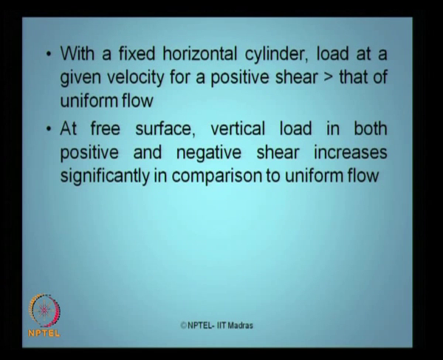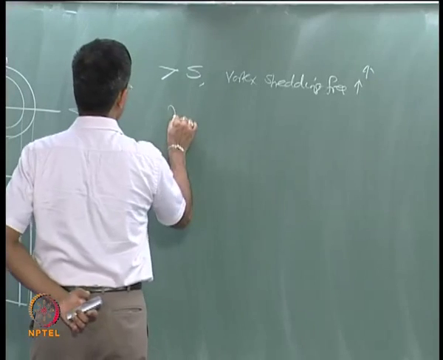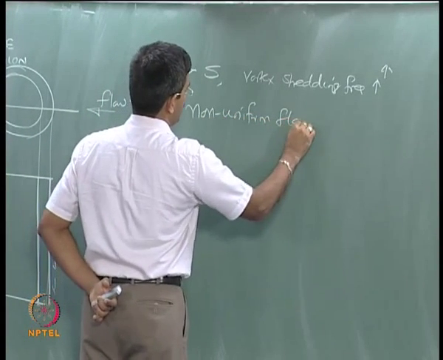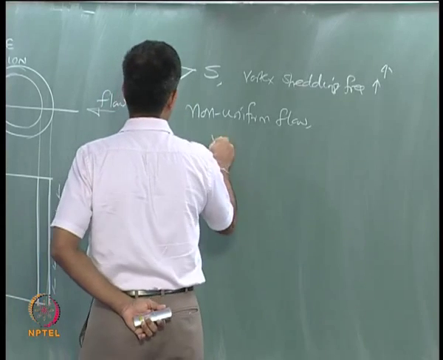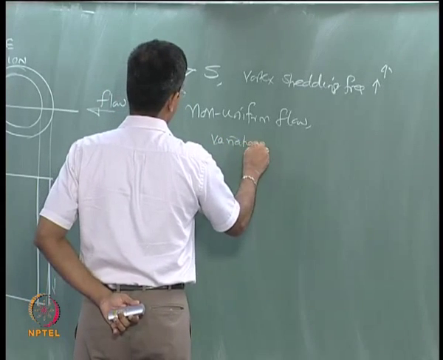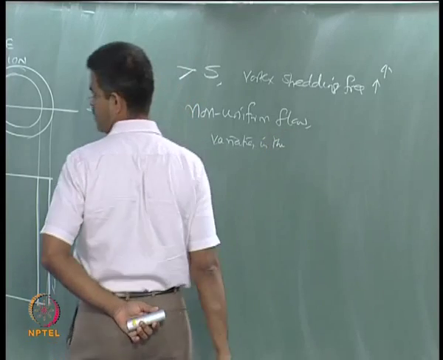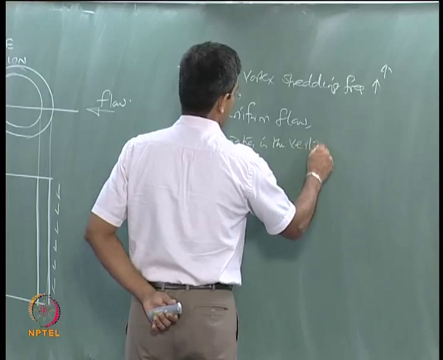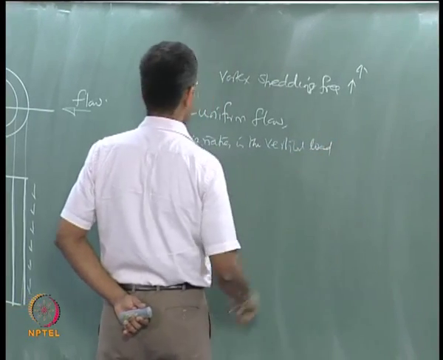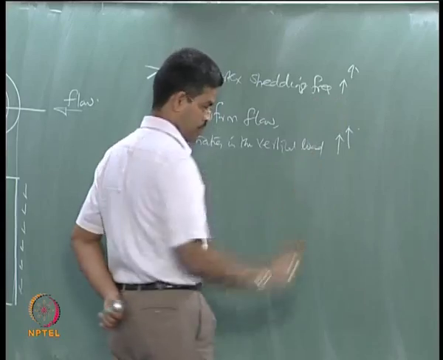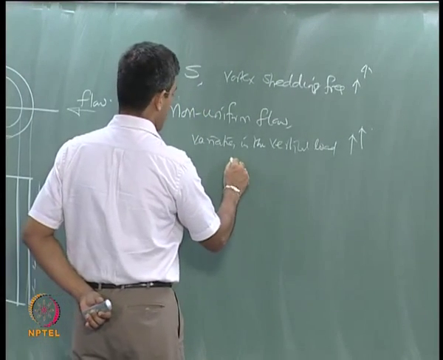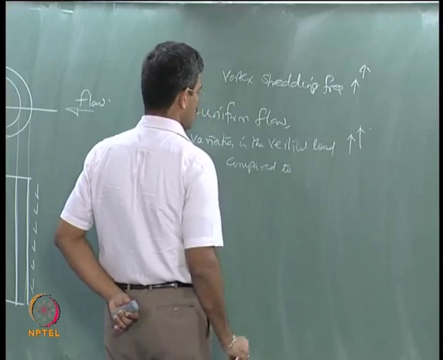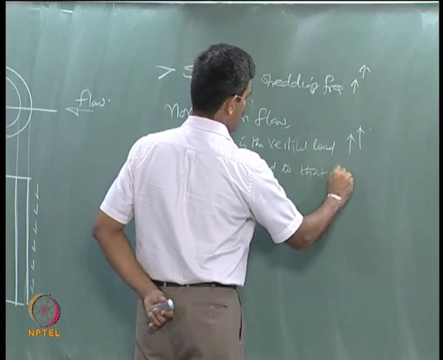Therefore, if you have a non-uniform flow, then the variation in the vertical load is higher in comparison to that of the normal flow.